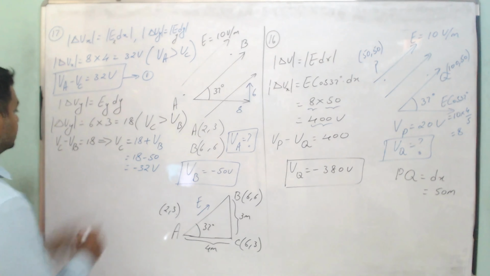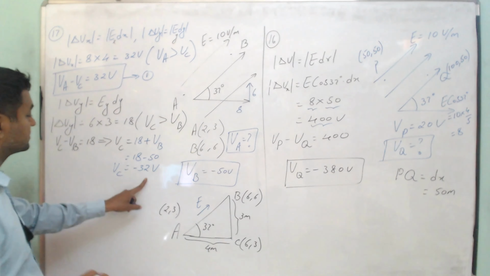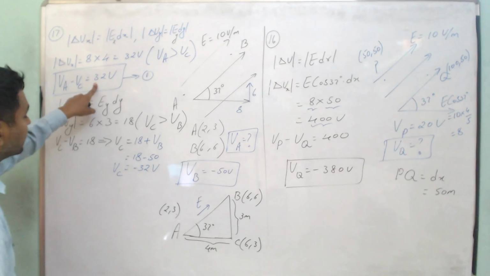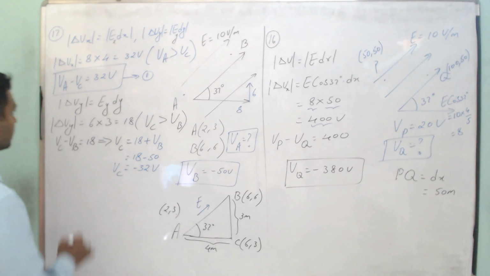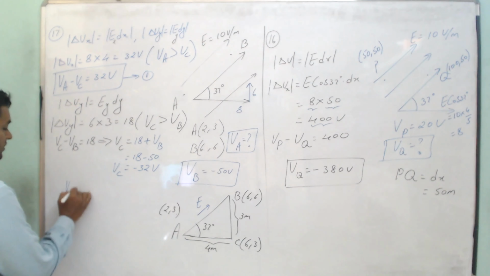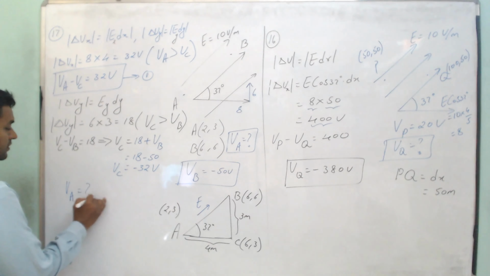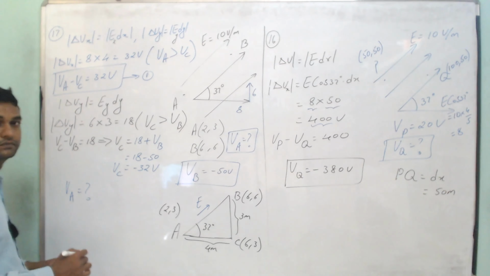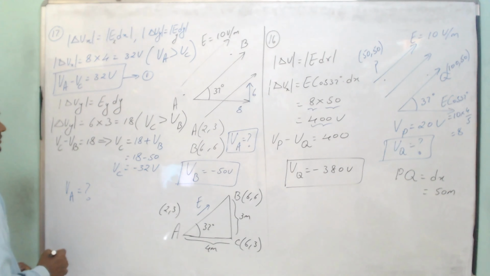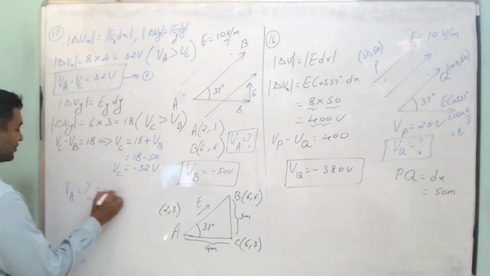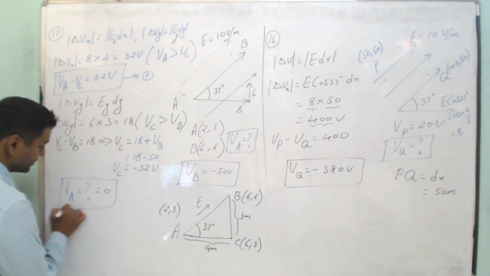Using this, VC is equal to minus 32 volts in equation 1. What is VA? It is 0. So this is also sheer coincidence.